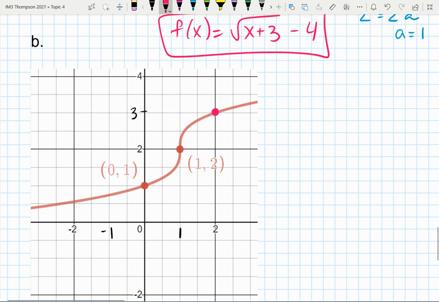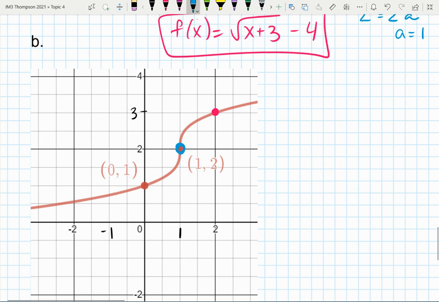Now, the anchor point for a cubed root function is the point where the graph changes direction, right? From convex to concave, or if it's going the other way, concave to convex. Namely, I'm tracking this point.